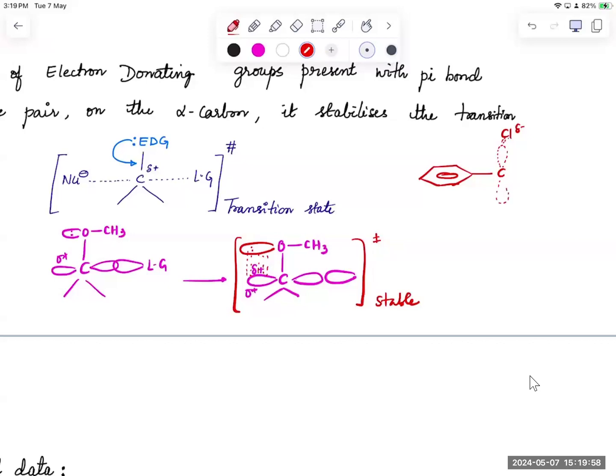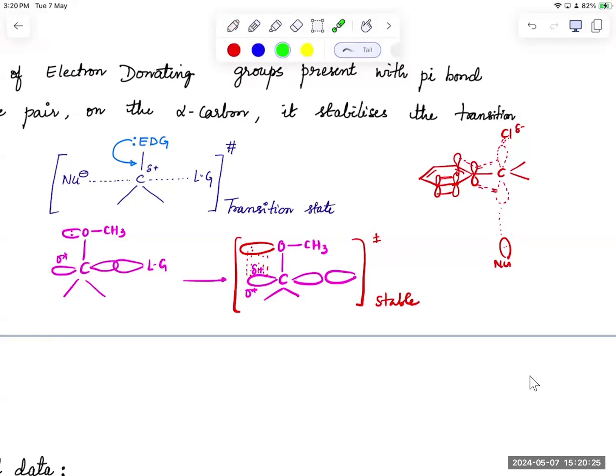From the other end there is a nucleophile approaching with a lone pair on it. But temporarily, this pi bond of benzene will start supporting this pi bond here.